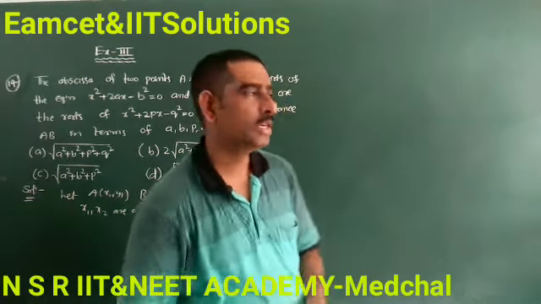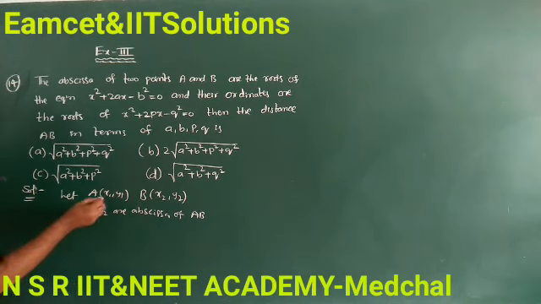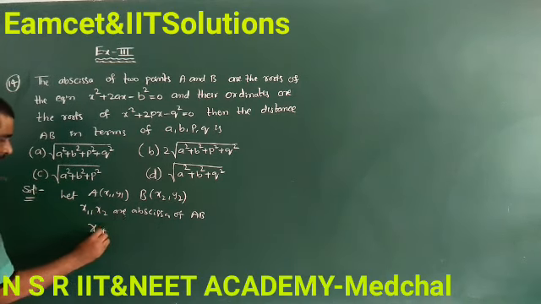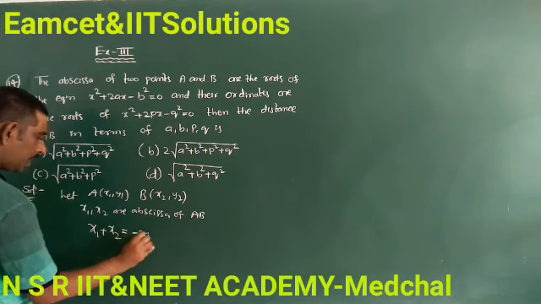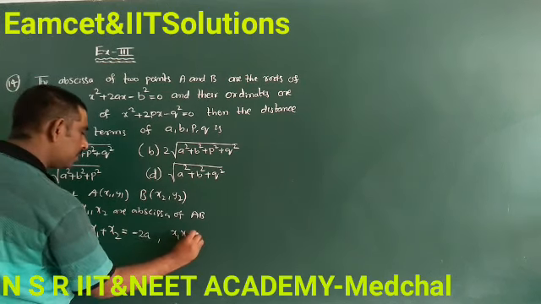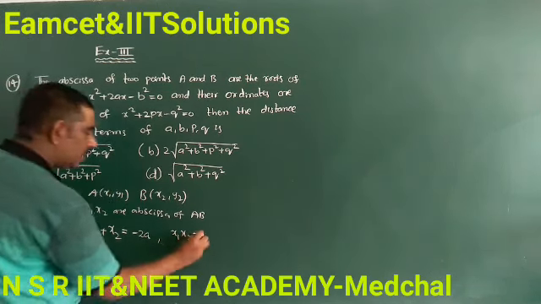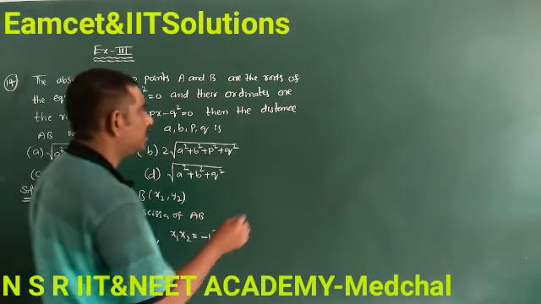Already we learned this in 10th class. So here alpha is x1, beta is x2. So x1 plus x2 equals minus 2a by 1, we get minus 2a. Similarly x1 x2 equals c by a, in place of c minus b square, so x1 x2 is minus b square.